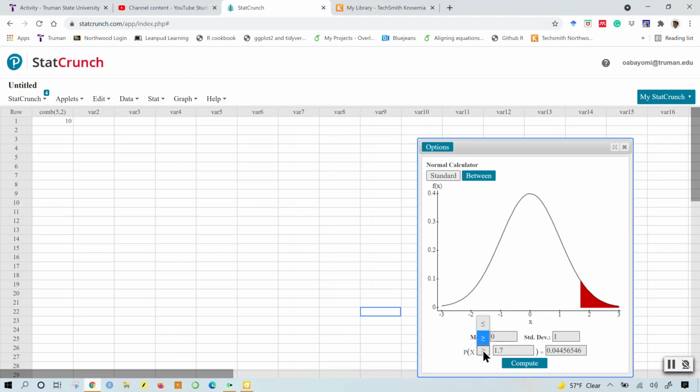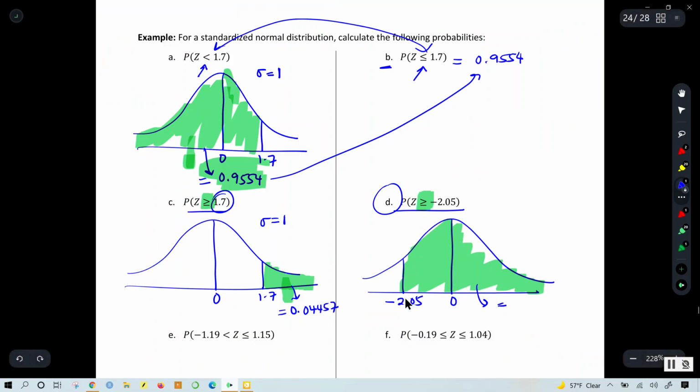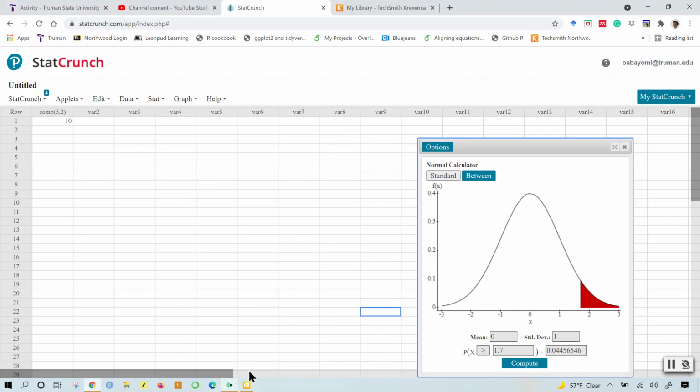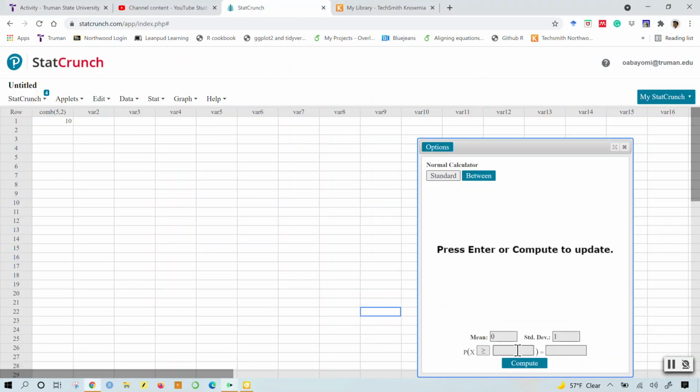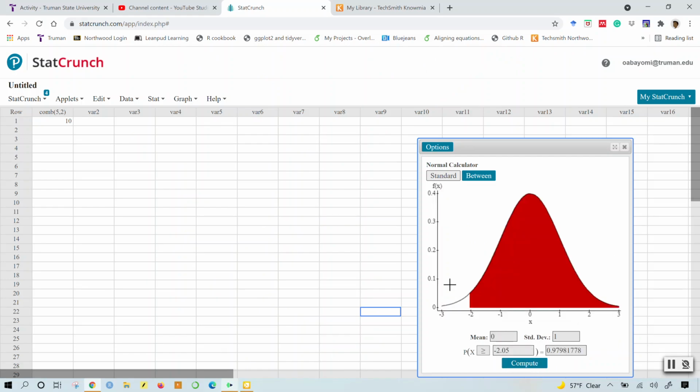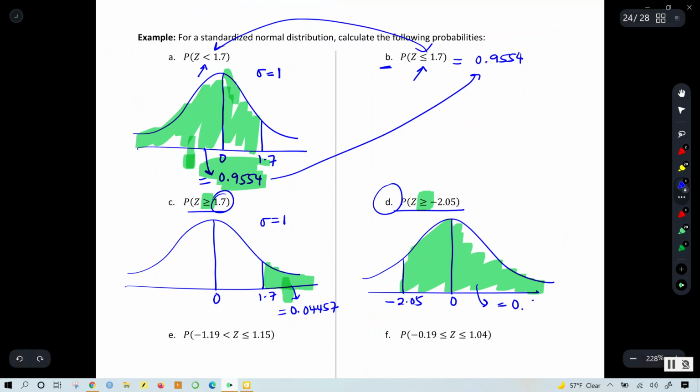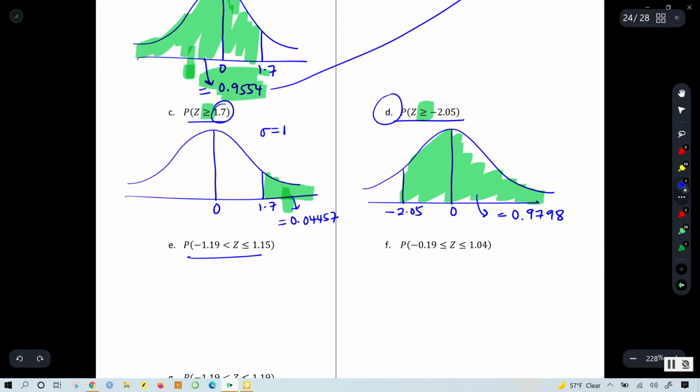I still have greater than or equal to, since it's an area to the right. I change this to negative 2.05 and compute. You have 0.9798 taken to 4 decimal places. So here we go, 0.9798.